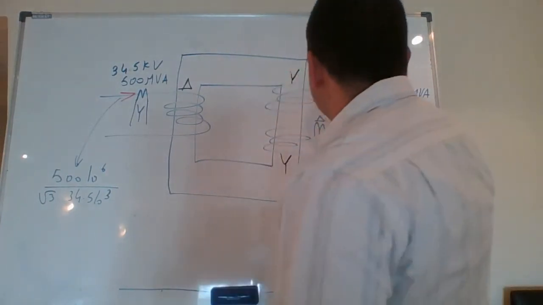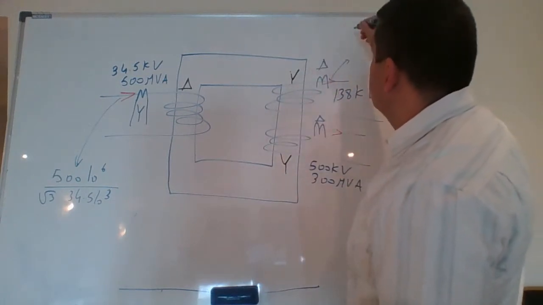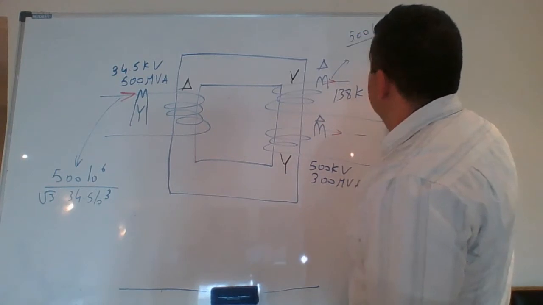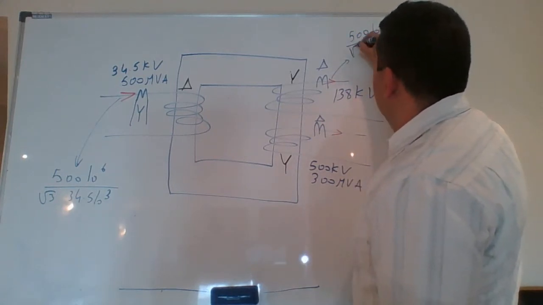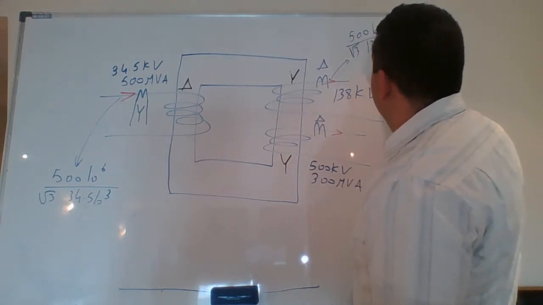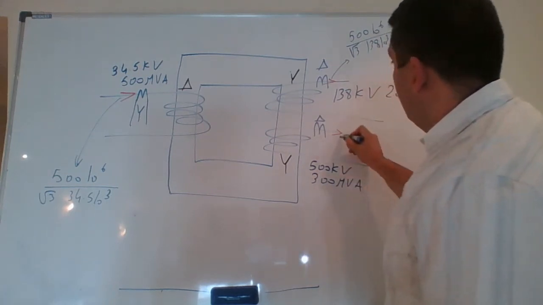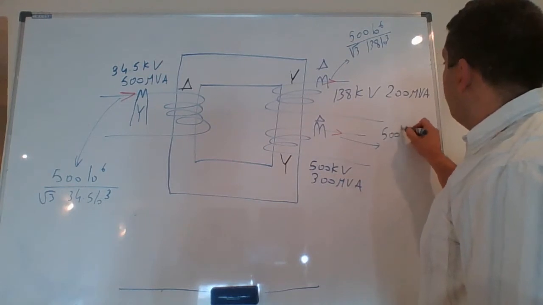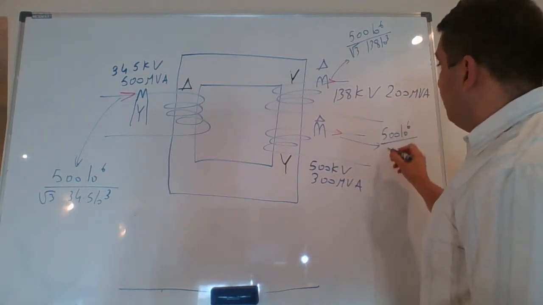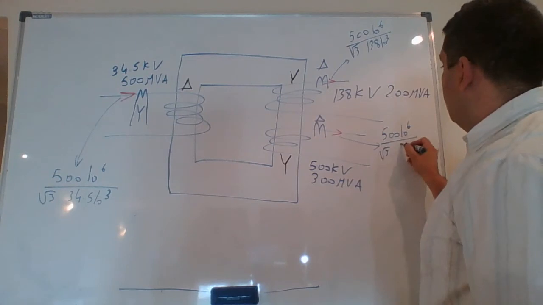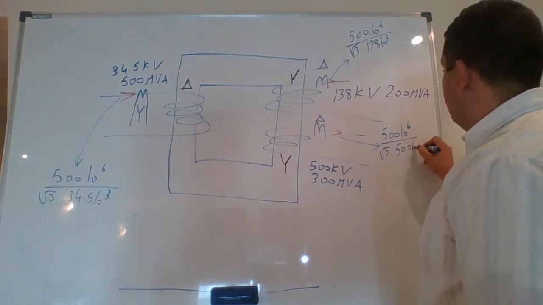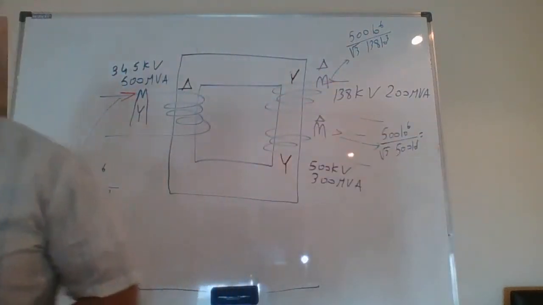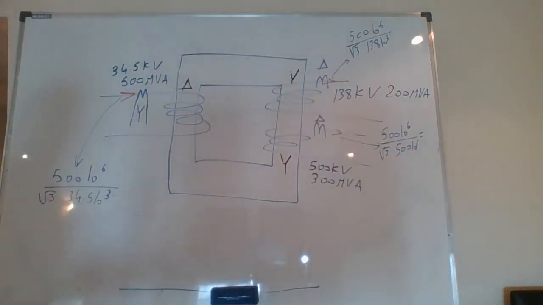So for this current here, I can also use 500 times 10 to the 6 divided by root 3 times 138 times 10 to the 3. For this current, I will have 500 times 10 to the 6 divided by root 3 times 500 times 10 to the 3. Is that clear?